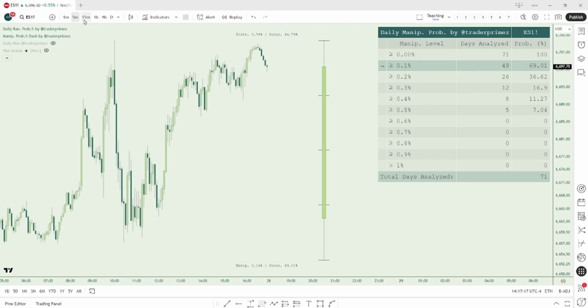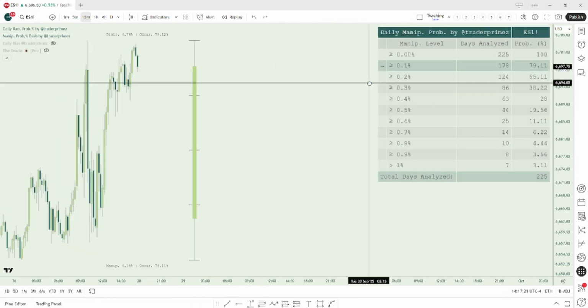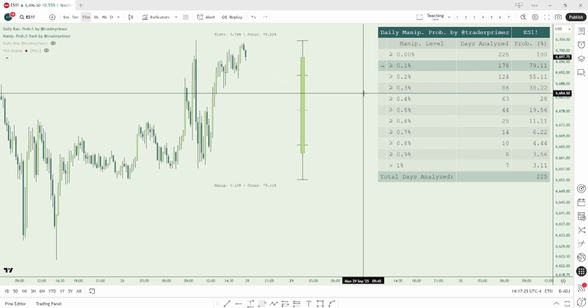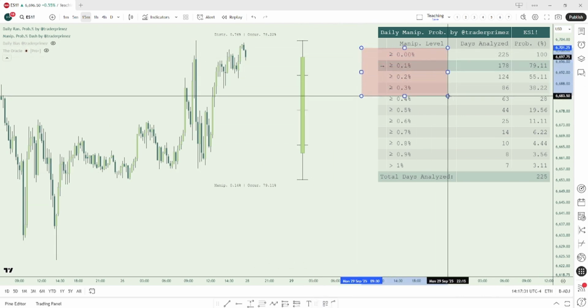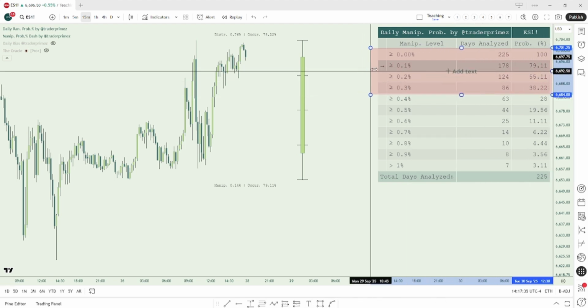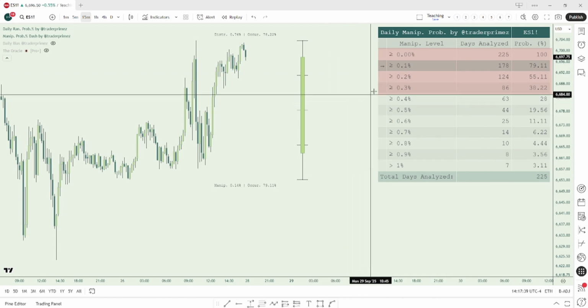For example, if you click on your manipulation tool and display the dashboard and you switch to the 15-minute time frame to gather enough data, what is this dashboard telling you? This dashboard is telling you the probabilities for the size of the wick, or the manipulation, of your daily candle.